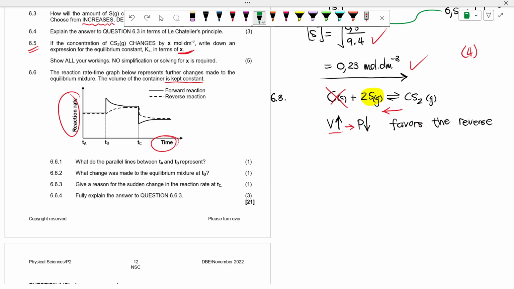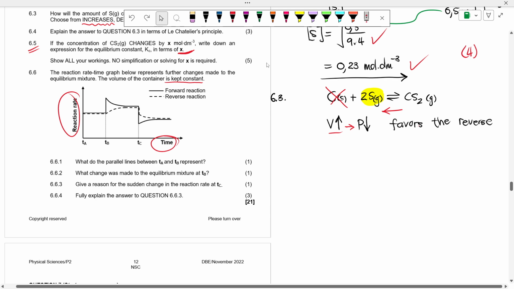Concentration time. They are a little bit different because concentration time looks at the individual concentrations, while the reaction rate just looks at the rate of the forward and reverse. Here the forward is a solid black line, the reverse is dotted. So let's see the questions.